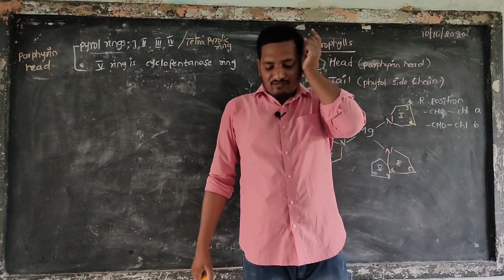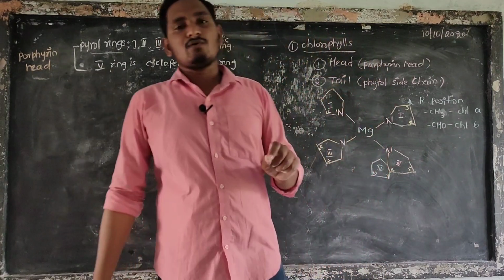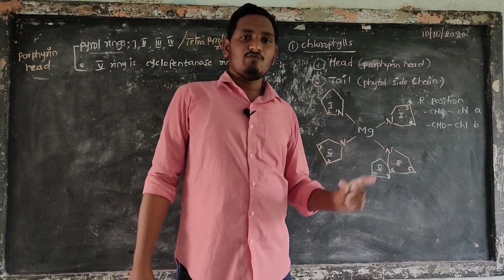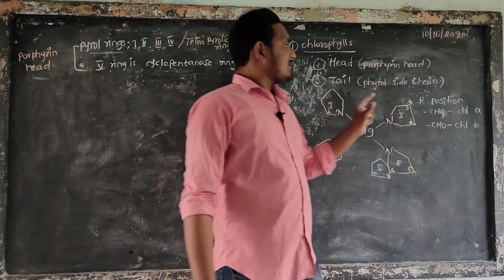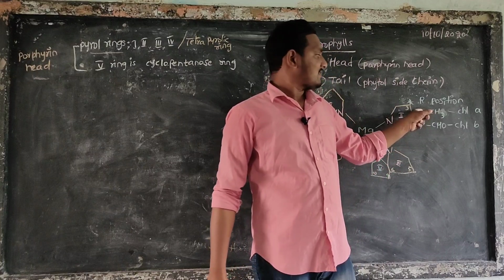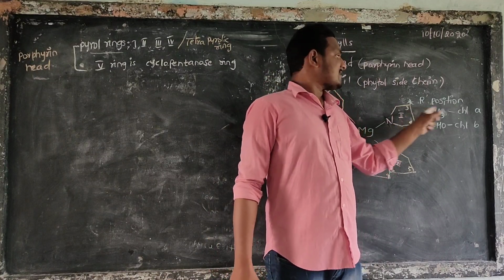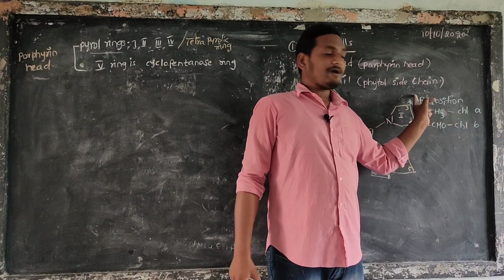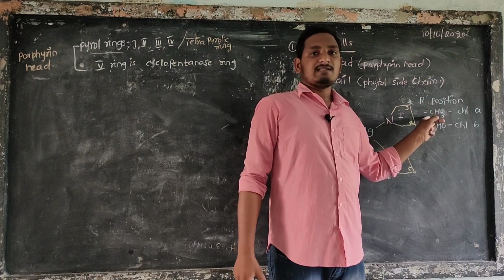When we identify whether this is chlorophyll A or chlorophyll B, we are mainly based on the R position. In chlorophyll A, the R position is occupied with a methyl group.